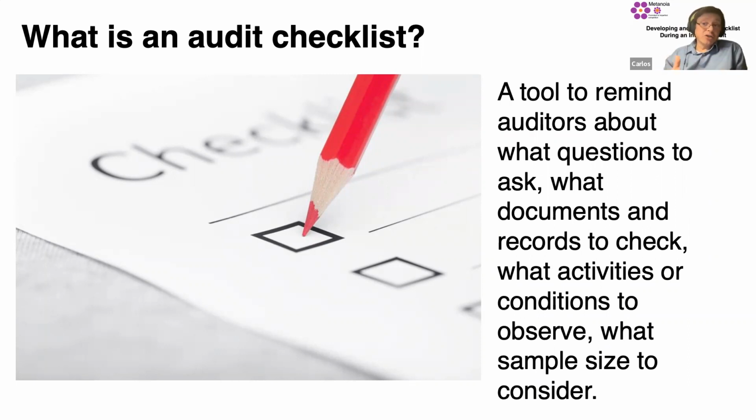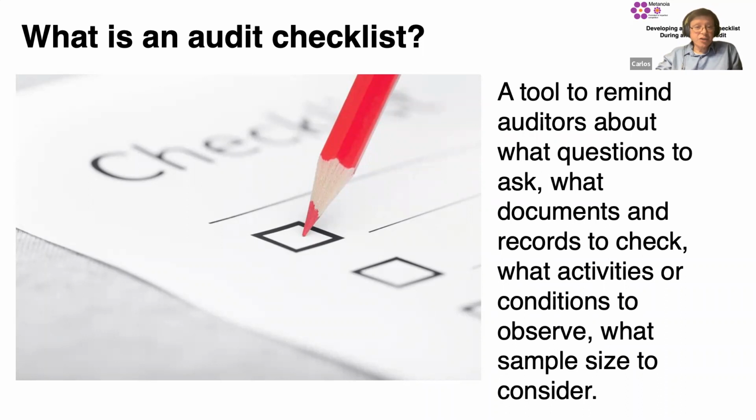So if you check only one training action record and there is no evidence of effectiveness evaluation, what can you conclude? The training process has a major nonconformity, or the training process is working with some minor nonconformity. So we will see how to write checklists for evaluating effectiveness, how to write checklists from a flowchart, or from a procedure, or from a standard, or from compliance obligations.